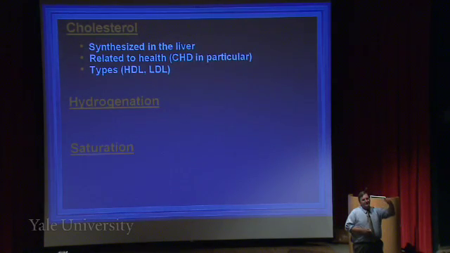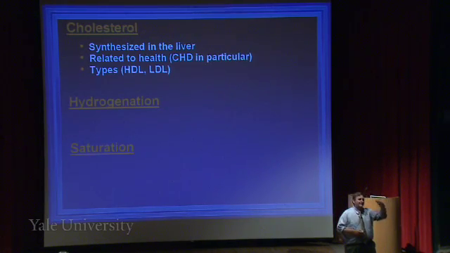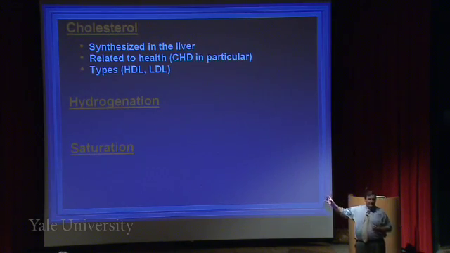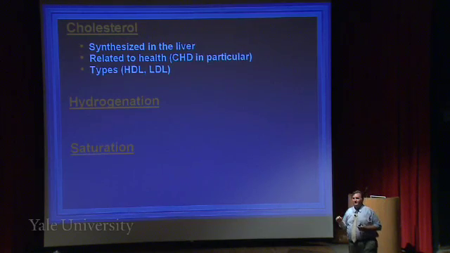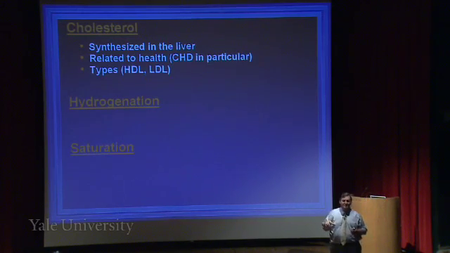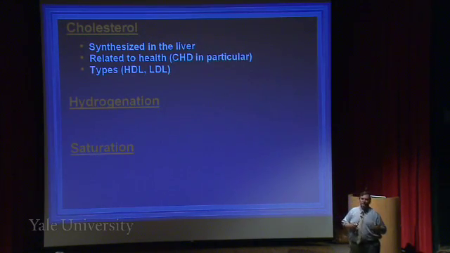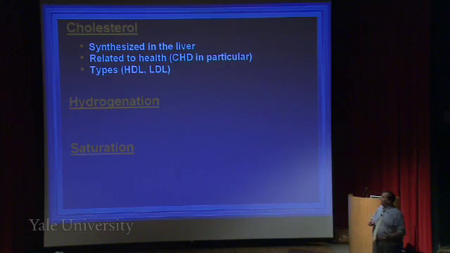But in fact, there are certain types of cholesterol, the HDL, that are protective against things like heart disease, and you want to have a higher level of that and a lower level of LDL. Now, these things have been refined even more into different types of cholesterol, having to do with the size of particles, that we won't get into in this class. But it's very interesting how cholesterol is related to health and where the sources of cholesterol come from.